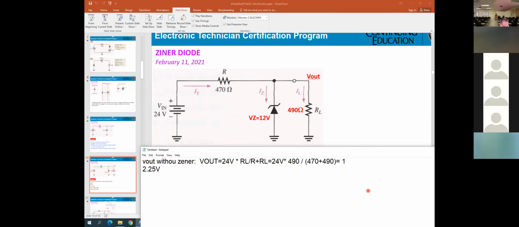Okay, so with Zener, Vout equals 12 volt.